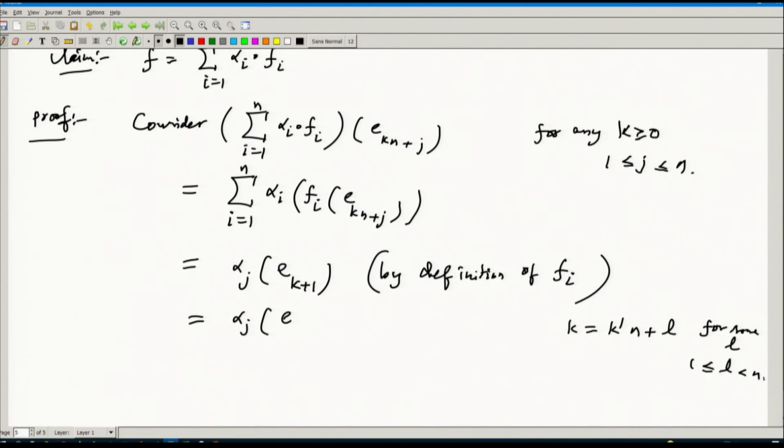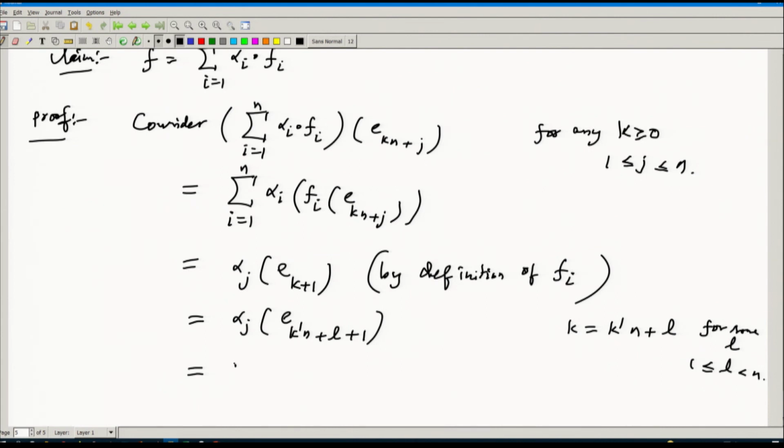I am dividing k by n, so k' is the quotient and L is the remainder. So then this is e_{k'n+L+1}, as it is, I am writing. Now what is the alpha_j definition? Let us use the alpha_j definition.